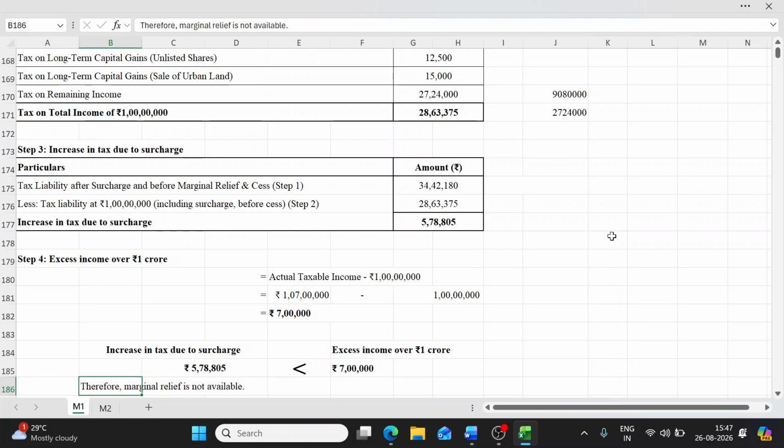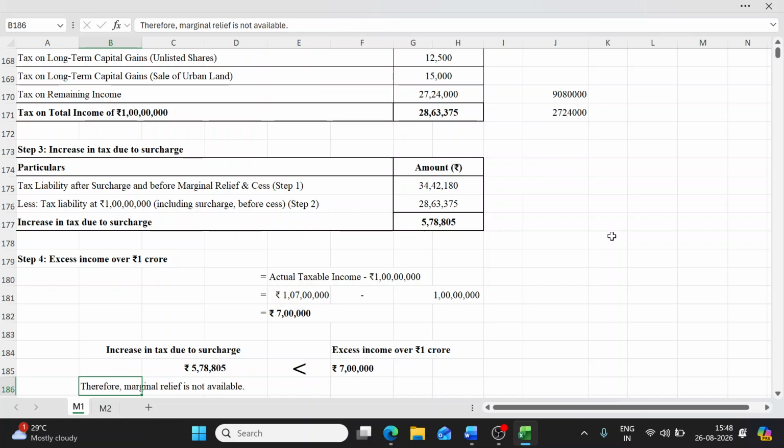We would have given marginal relief in the opposite scenario, I mean, if the increase in tax due to surcharge is more than the excess income over 1 crore. In that case, we would have done the calculation for marginal relief. But as far as this problem is concerned, there is no need to provide marginal relief.